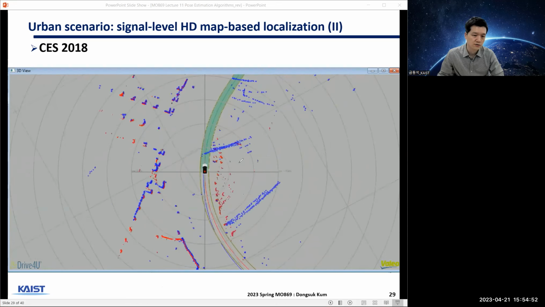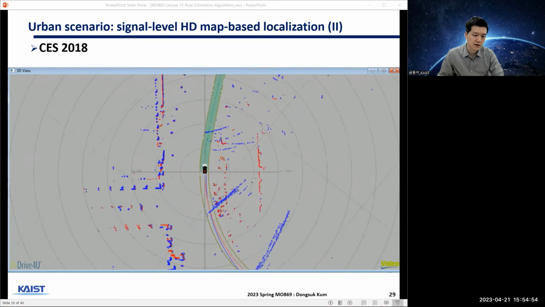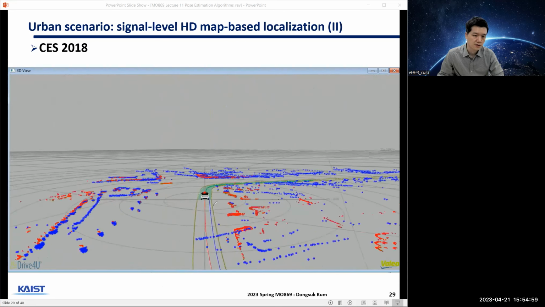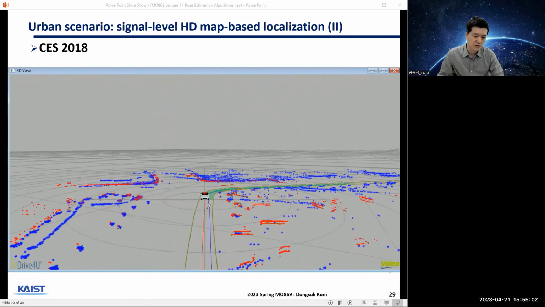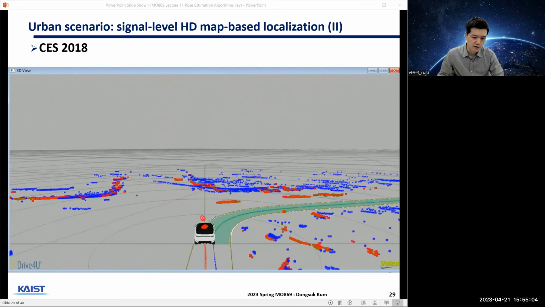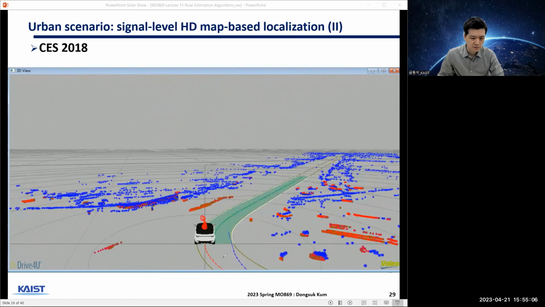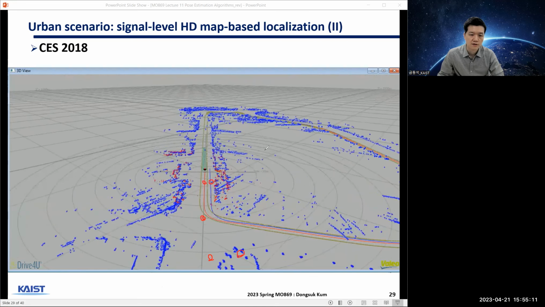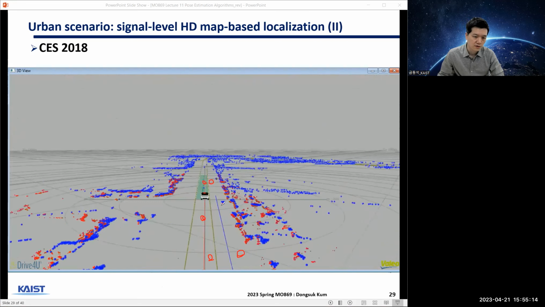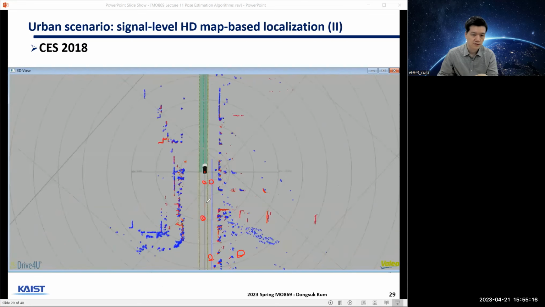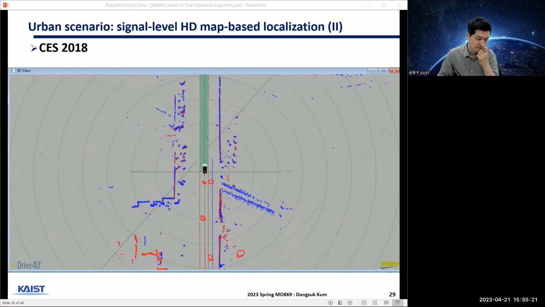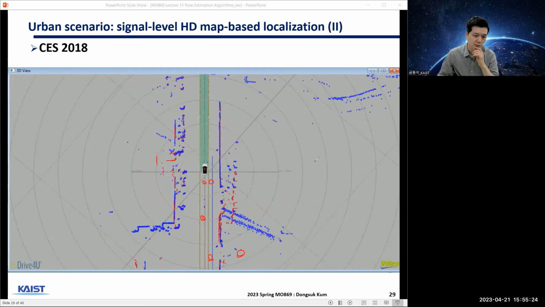And then you can also see here that there is an error between this red line and blue line, right? Can you guys see? So I believe the red line is the correct value, and the blue line is if you do not use map matching and just rely on dead reckoning.